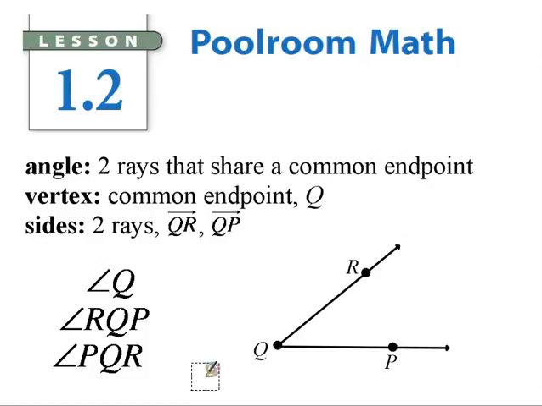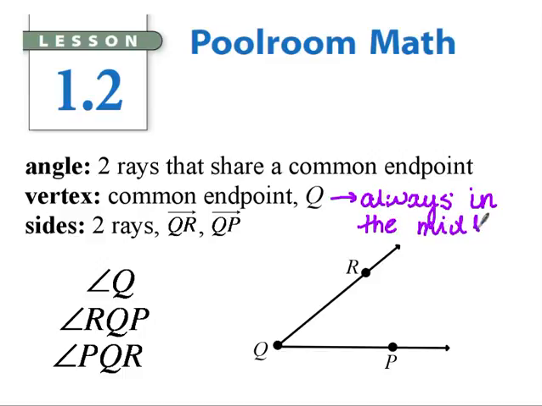Or I could name this RQP or PQR. Now a little tidbit of information. The vertex is always in the middle. So whenever you name an angle, that vertex point always has to be in the middle.